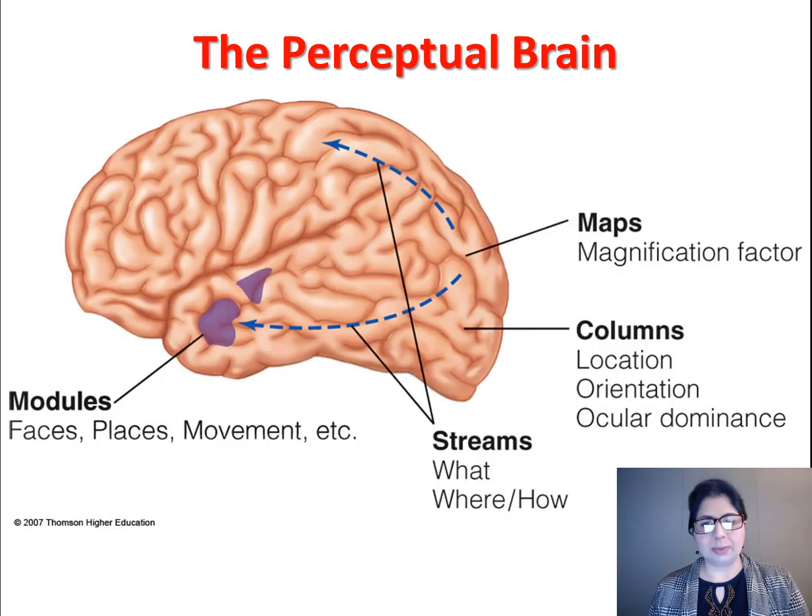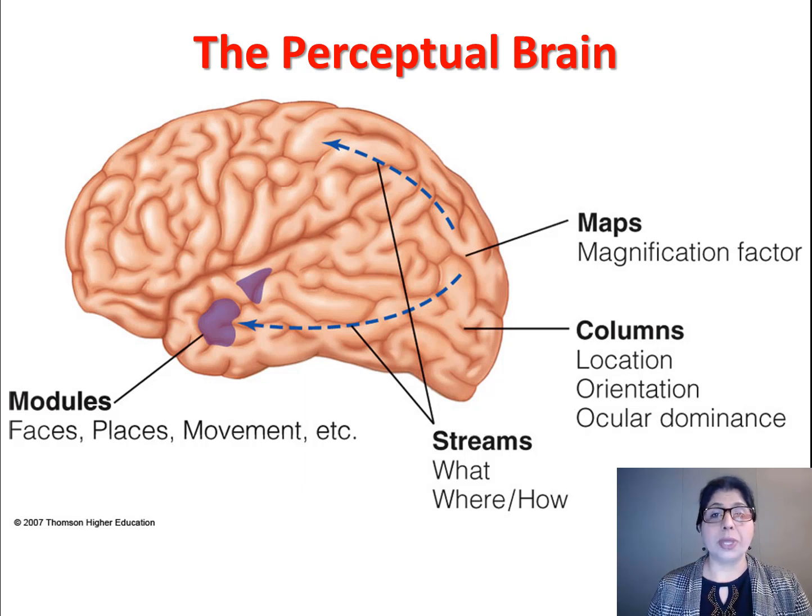So going back to the perceptual brain, we have incoming visual information that is processed by the primary visual area. This is where neurons are organized in columns and represent location, orientation of an edge, and the side of the visual field from which the information is coming.